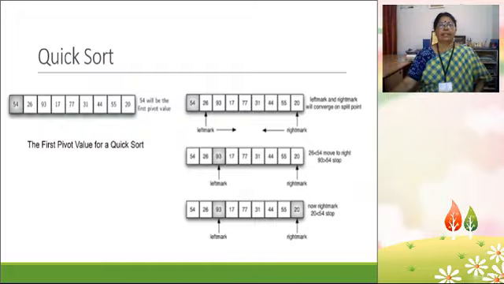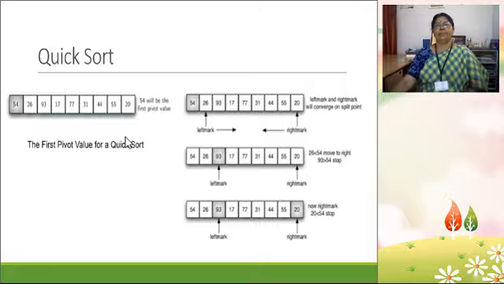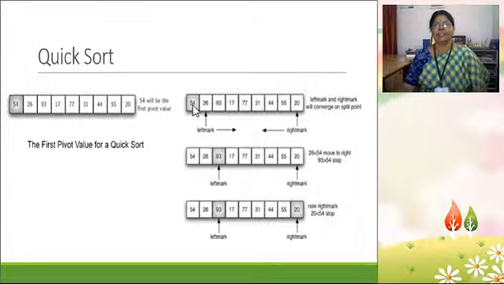Look at these values. How many elements are there? Totally we have 9 elements. We'll be maintaining two pointers, the left pointer and the right pointer. Initially we assume the first element in the array is the partition element. In this case, 54 is the first element. Now we initialize the two pointers.